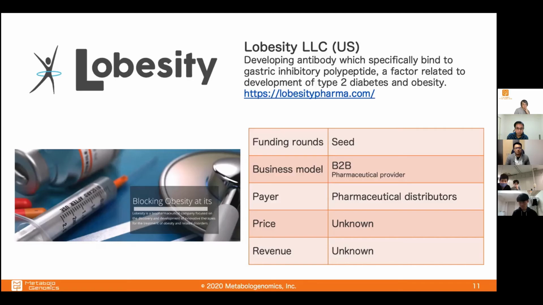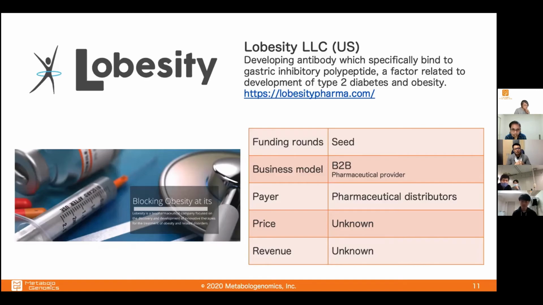This is a factor related to the development of type 2 diabetes and obesity. And this antibody will bind to this peptide to prevent the peptide from binding to the receptor to cause type 2 diabetes or make people more likely to eat, to reduce obesity in general.